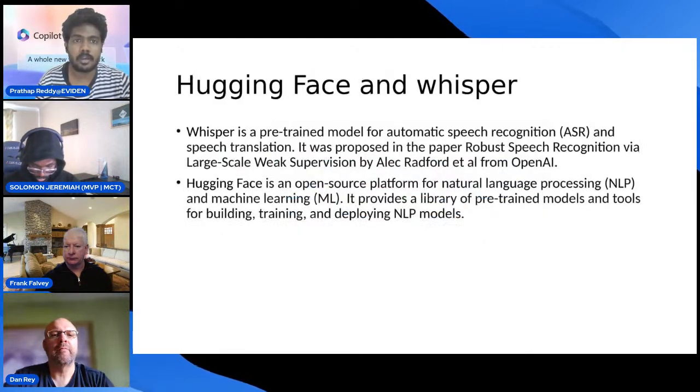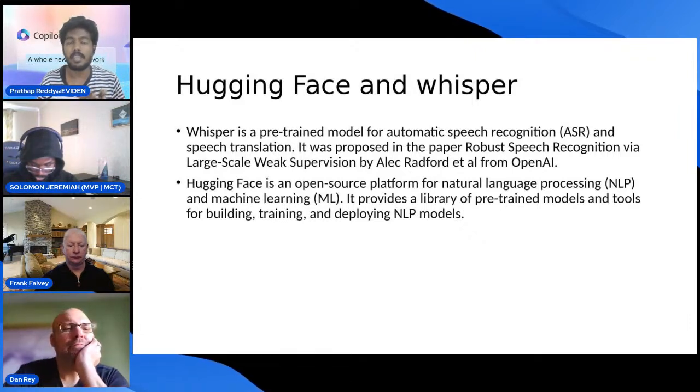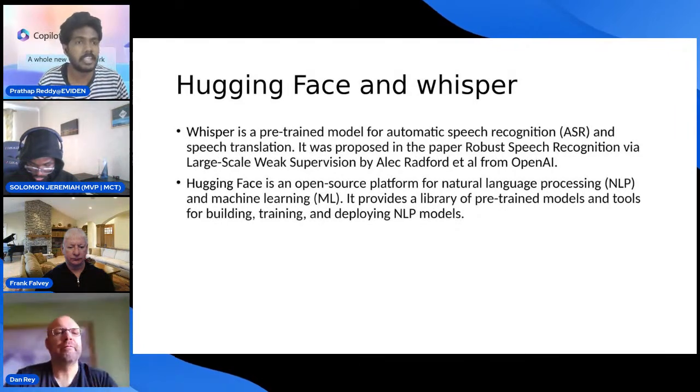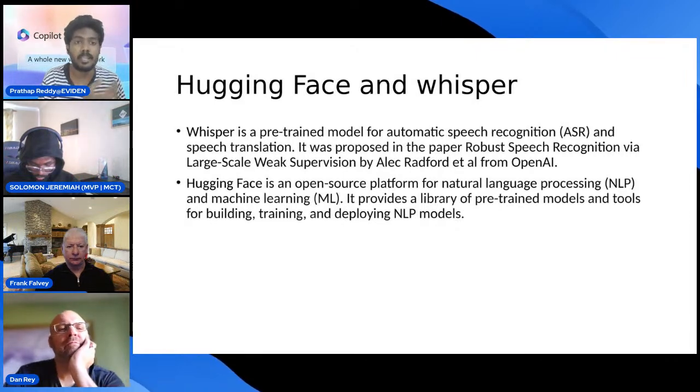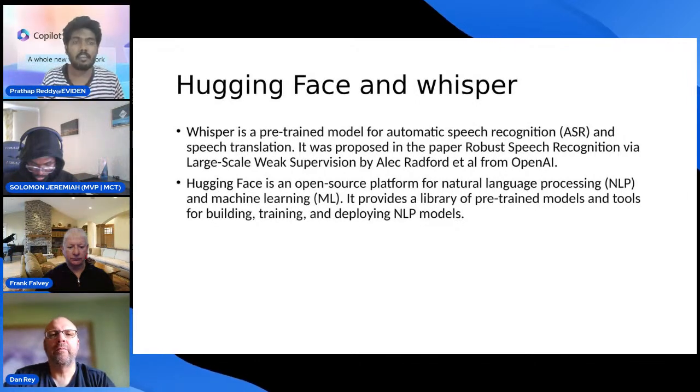Okay, so now Hugging Face and Whisper. Hugging Face and Whisper are two different models. With Hugging Face, you need to deploy a model; for example, you build and train the model in ML and deploy it into the Hugging Face model, or we have Azure OpenAI Studio.